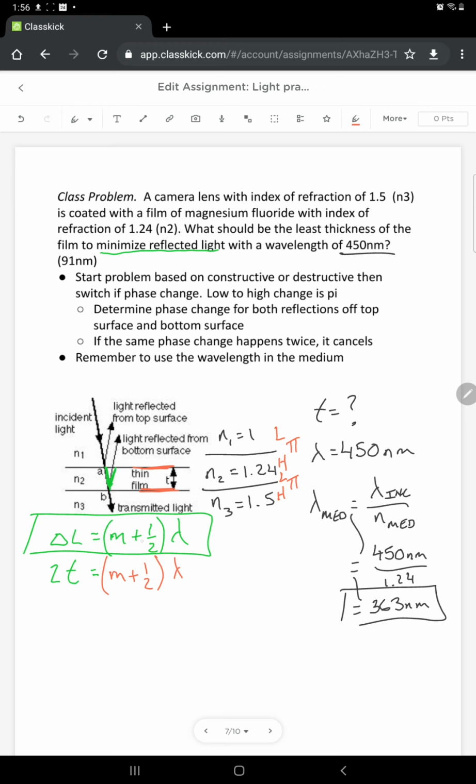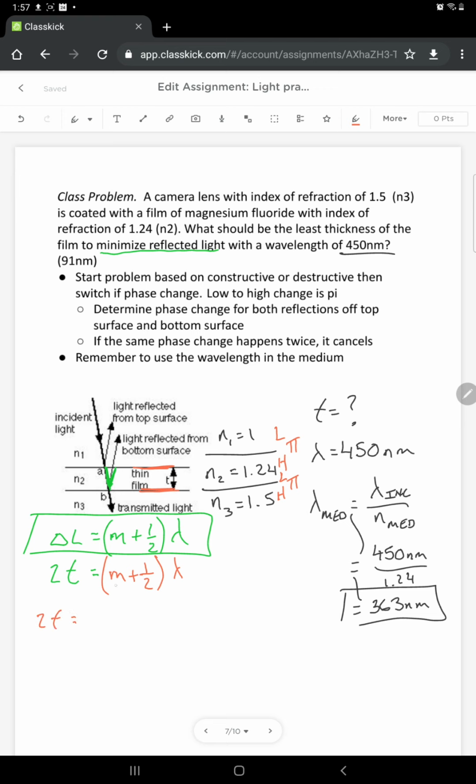We would change this to m lambda. It would get rid of the 1/2, since the wave is going to invert itself. We don't need to include that in the equation, so you would just drop that 1/2 off. So we have 2 times t.